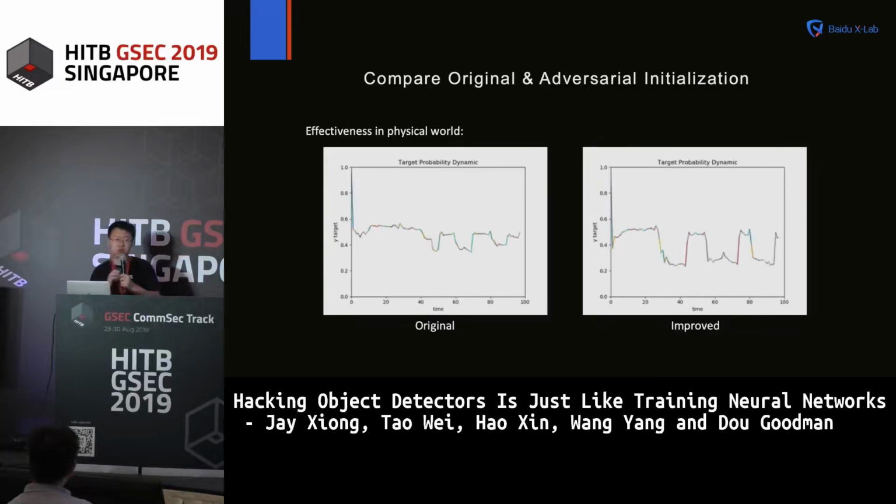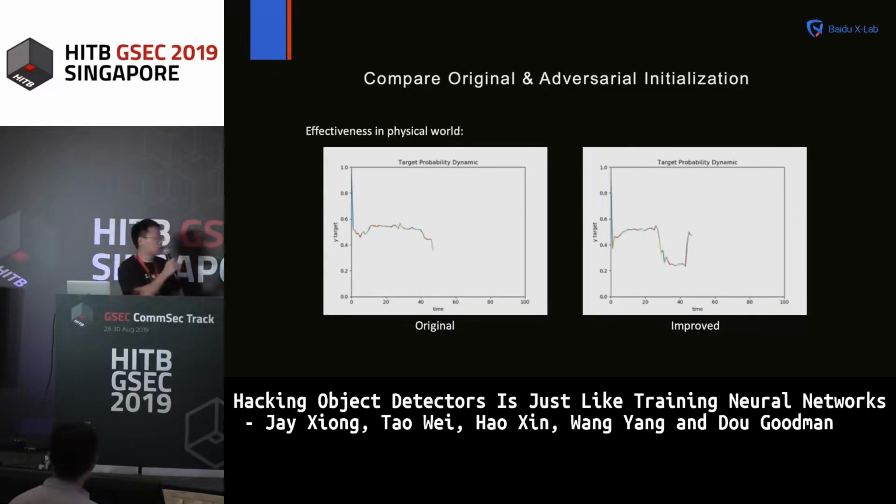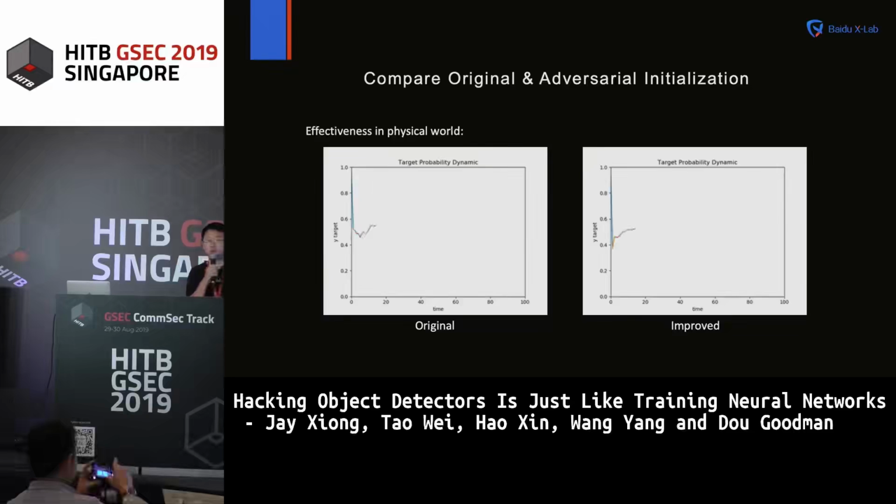And here's a short GIF. You can see a little pause here. The x-axis is the time, and the y-axis is the model output, the target y here. When the line drops down, we are showing the sticker to the camera, so the model output is smaller. Then we block our adversarial sticker, and the model output gets bigger.